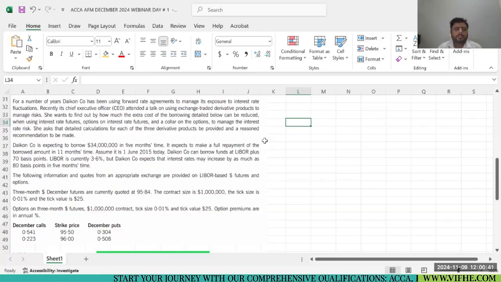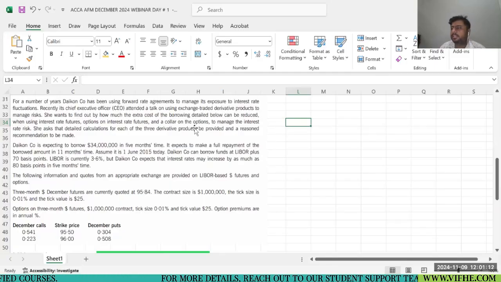Dicon Company is expecting to borrow 34 million in 5 months' time. It expects to make a full repayment of the borrowed amount in 11 months' time. So the things that you need to note is that the total borrowing amount is 34 million, and borrowing will take place 5 months from today, and it will end 11 months from today.